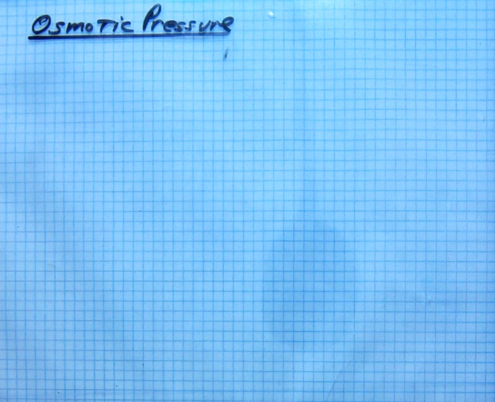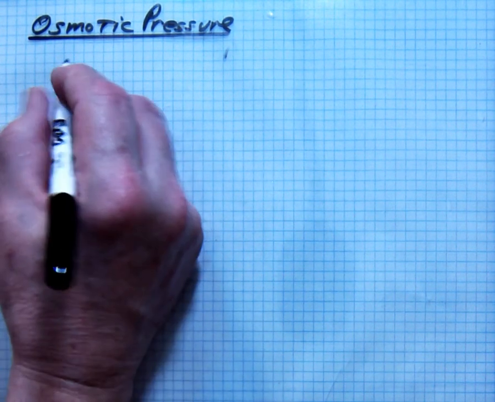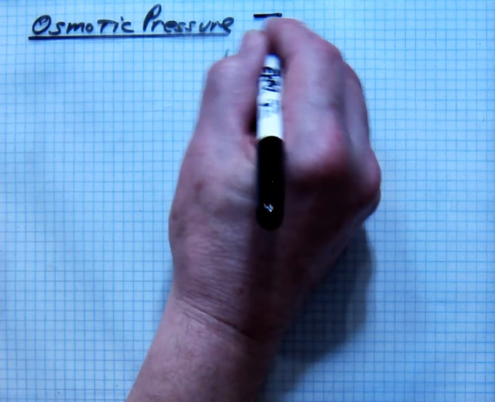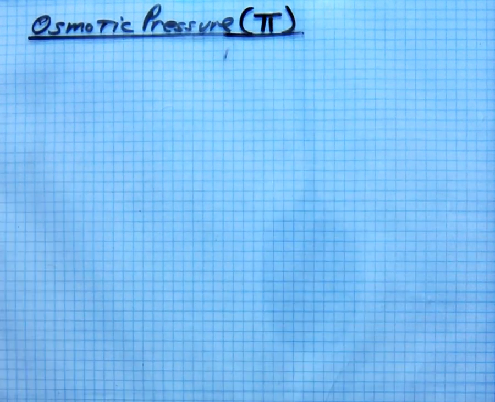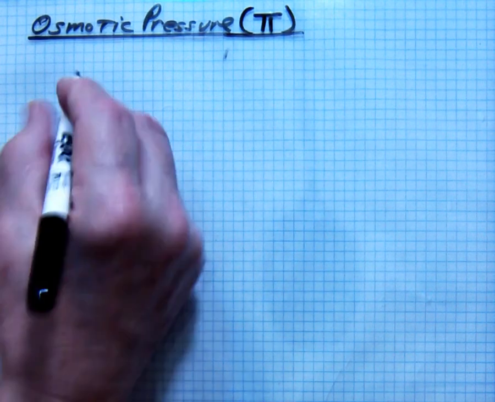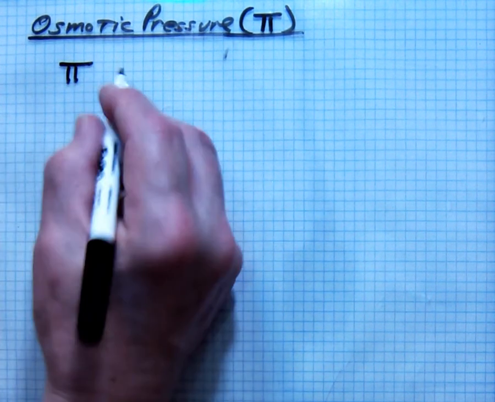Okay, osmotic pressure is the pressure generated by a solvent trying to dilute a concentrated solution across a semi-permeable membrane. Osmotic pressure has a symbol, capital Pi, is what is usually shown on that. And so I'm going to start there, save us some pencil work.